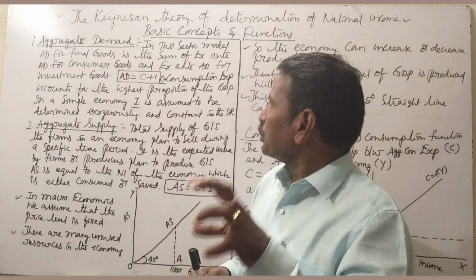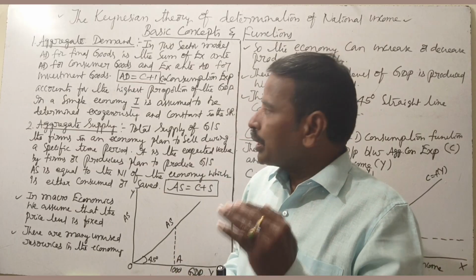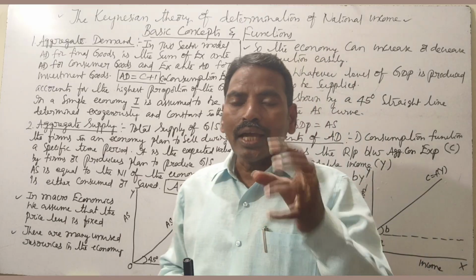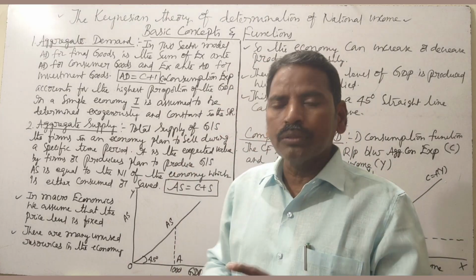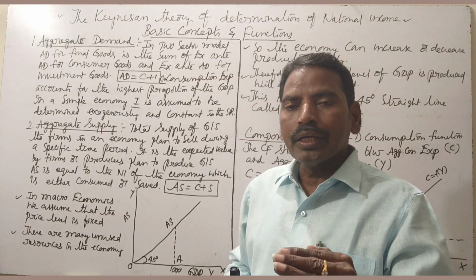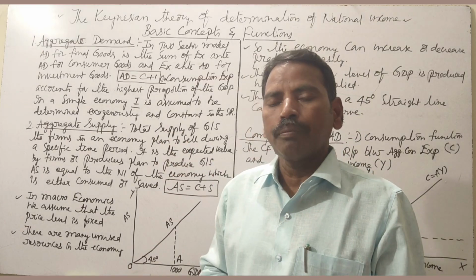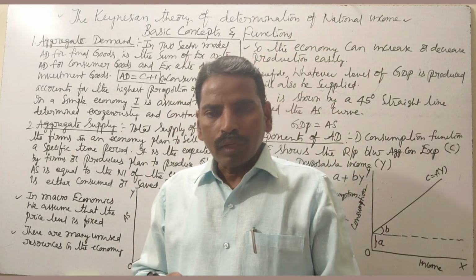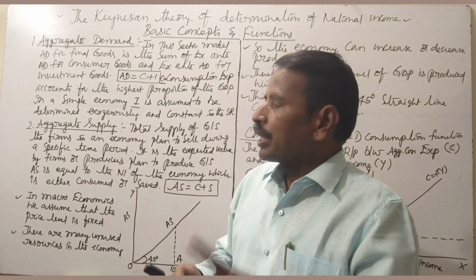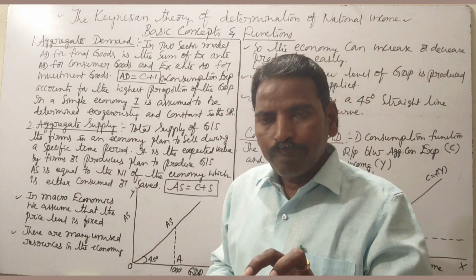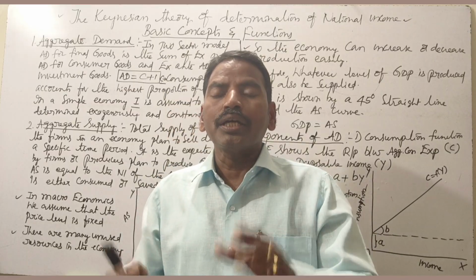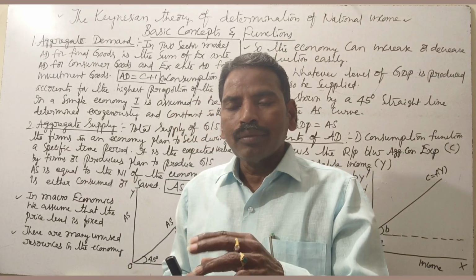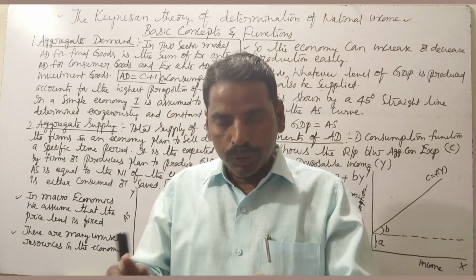In a two sector model, aggregate demand for final goods is the sum of ex ante aggregate demand for final consumption goods and ex ante aggregate demand for investment goods.